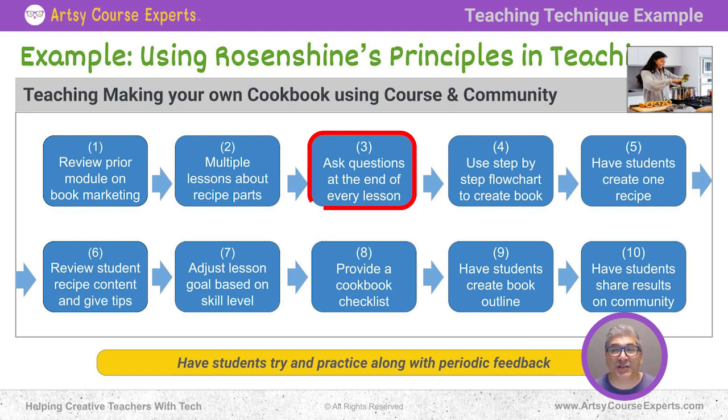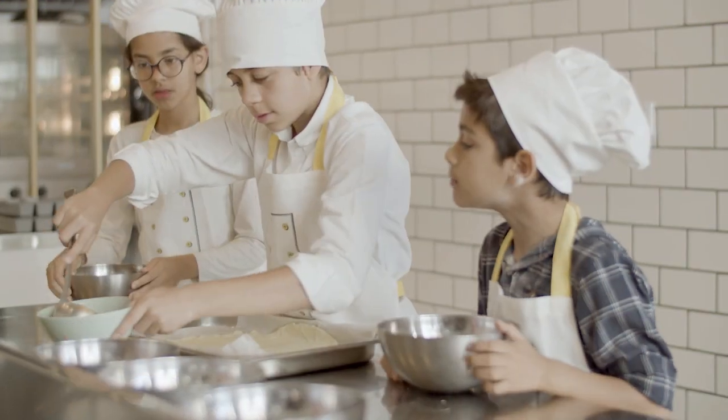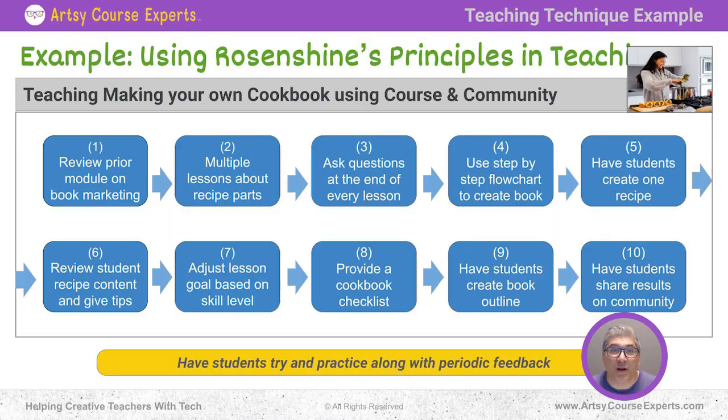Next, you're going to ask questions at the end of every lesson. So if you're going over the recipe photos, you're going to ask questions and challenge the students: what are the important photos that you need to represent the steps in creating this meal? Can you represent it in 3 steps or 5 steps? It's not just a before and after photo.